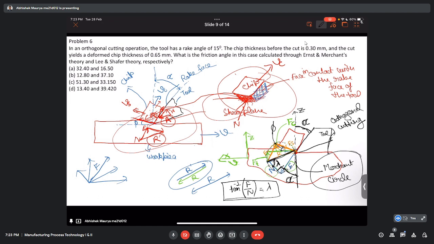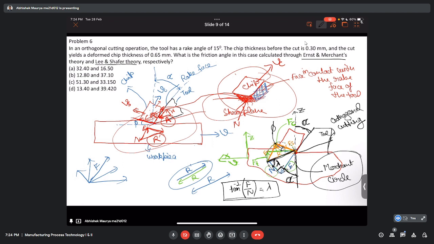There are some relationships which scientists like Merchant and Lee and Shaffer have found out. They derived these relationships based on energy minimization, or power minimization, during the cutting process.